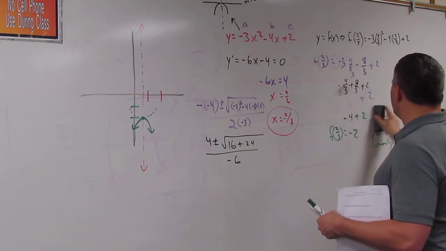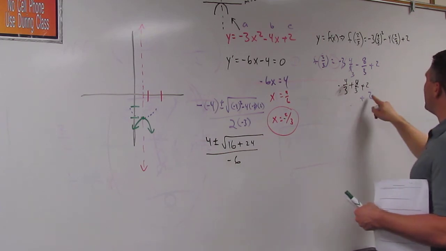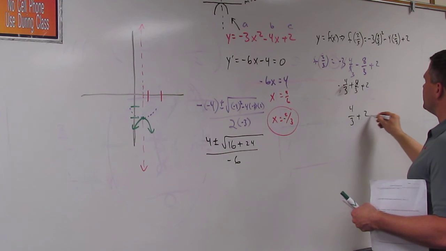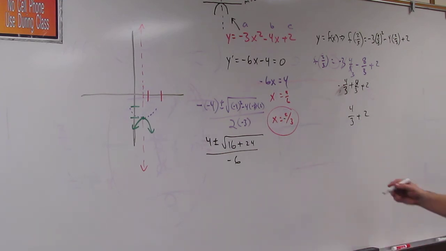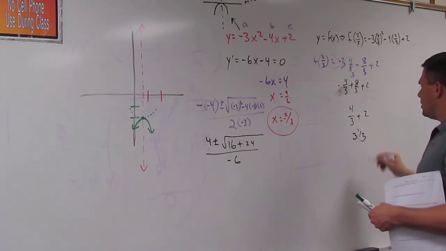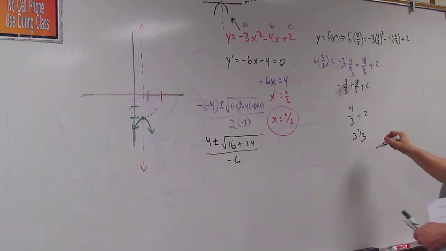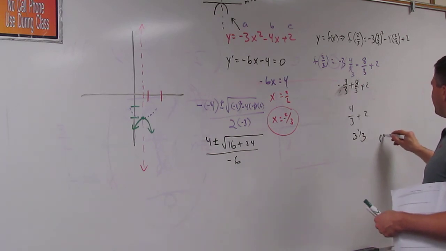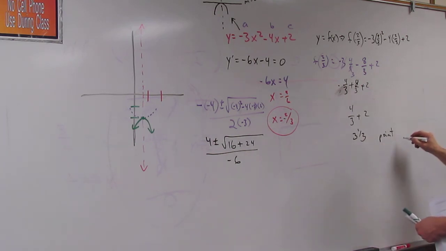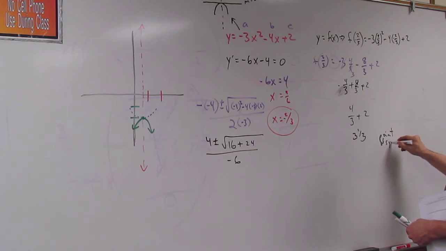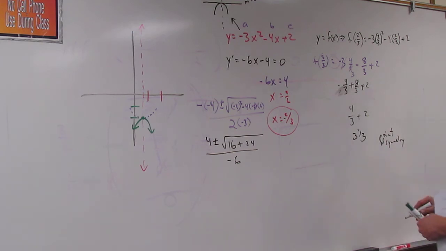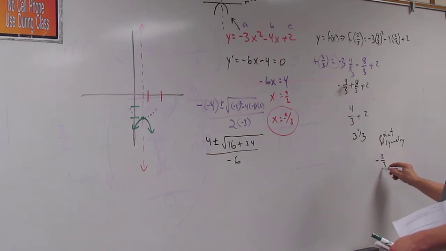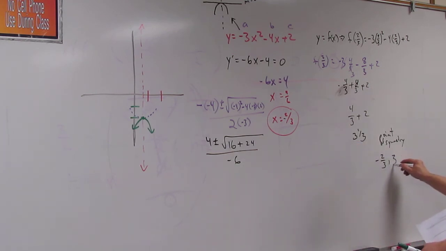So that tells me that I have 4/3 plus 2. And 4/3 plus 2 is 3 1/3. So now my point is at 3 1/3. So my point of symmetry, sorry about that, is going to be -2/3 and 3 1/3.